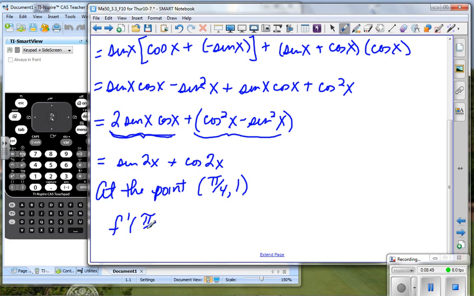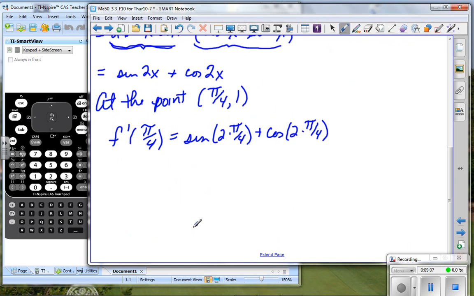The derivative at pi divided by 4 is going to be the sine of 2 times pi divided by 4 plus the cosine of 2 times pi divided by 4. That would be the same thing as the sine of pi divided by 2 plus the cosine of pi divided by 2.